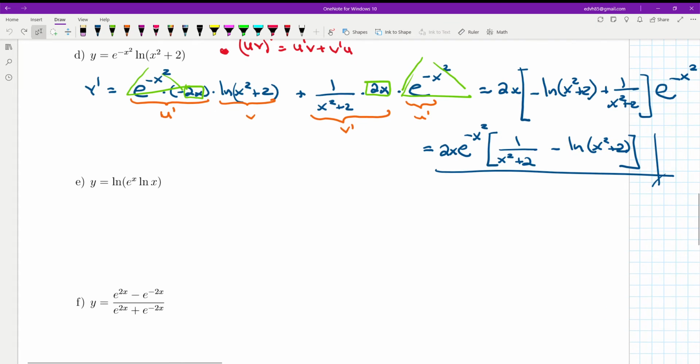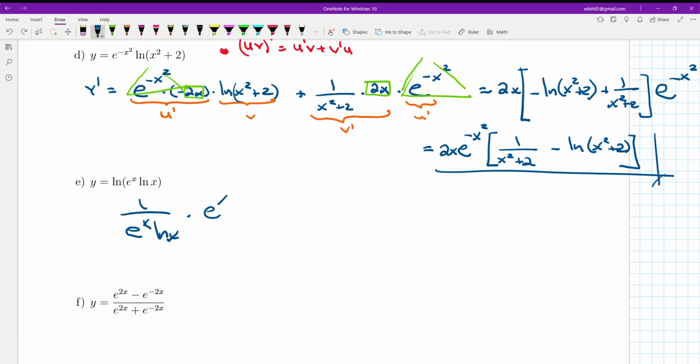For letter E, notice in this case, what do we have? ln of e to the x, ln of x. Do you really want to do 1 over e to the x ln x, times the derivative of e to the x ln x, using another product rule? Although it's doable, you don't need to do that.